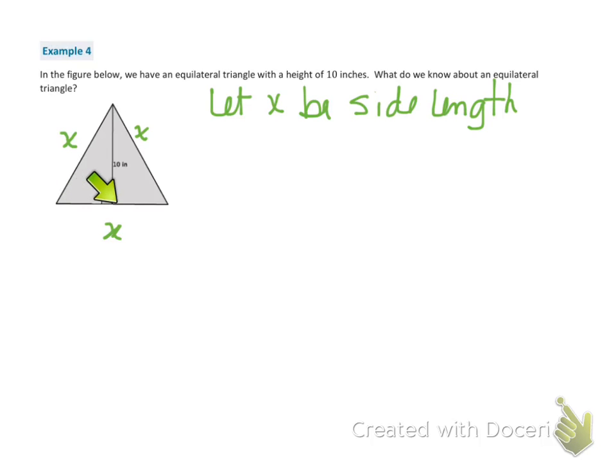So these are congruent triangles here. This triangle here is congruent to this triangle here, and we would know that by reflecting, right? We could reflect right over this midline where we've drawn the height.